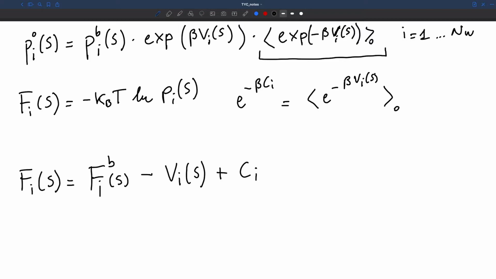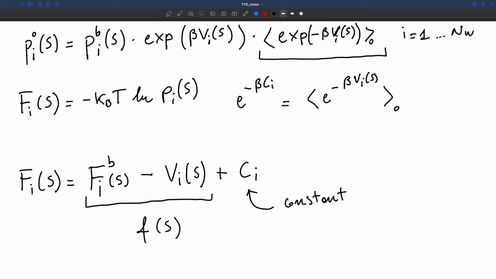We note that the first and the second term are functions of S, while the third term is a constant, and it corresponds to the free energy associated to the introduction of the bias potential Vi of S in the system.